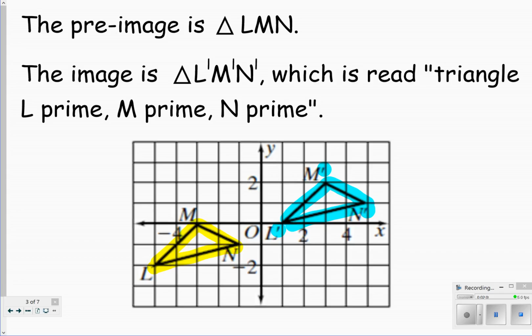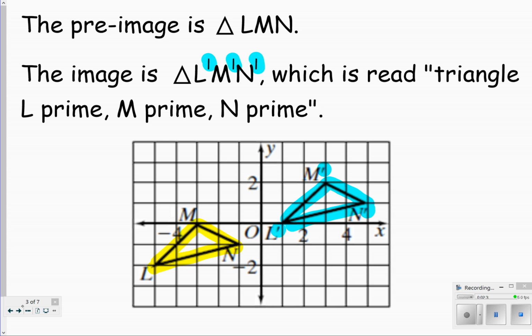So the pre-image is just simply triangle LMN, no hatch marks next to the letters. The image, which is the second location, is triangle L prime, M prime, N prime. So you can see it has these little hatch marks next to the letters in the wording and on the coordinate plane as well.